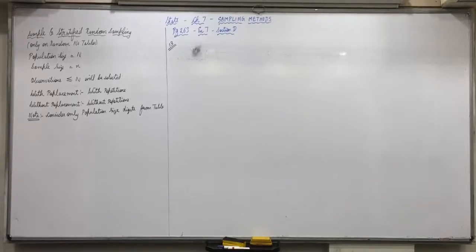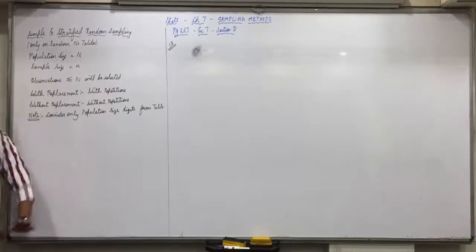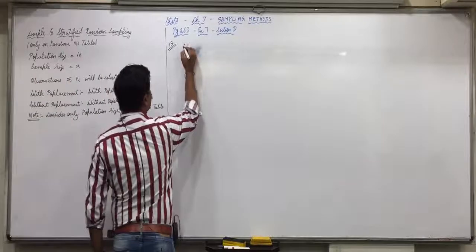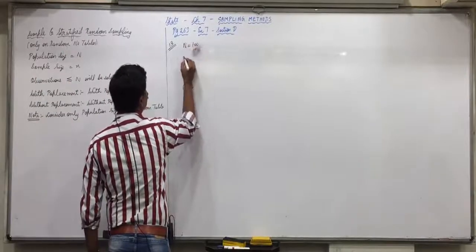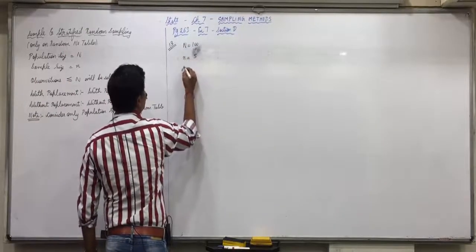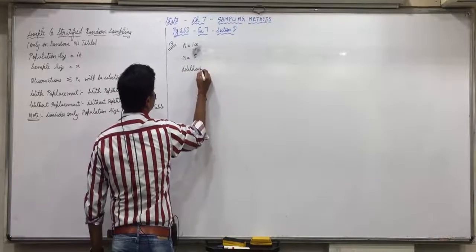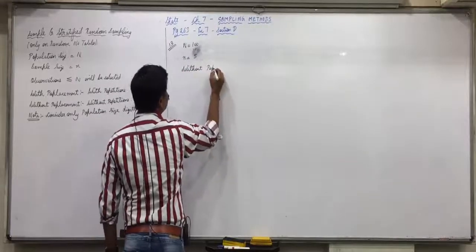From a total of 100 ATMs of a bank, mark it as capital N. Total 100 ATMs are there. We will select 5. How will we select them? Understand it. Capital N is 100, small n is 5. We have to do the selection without replacement.